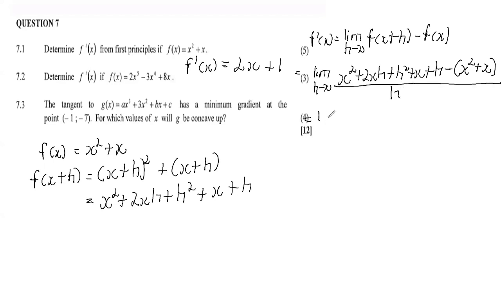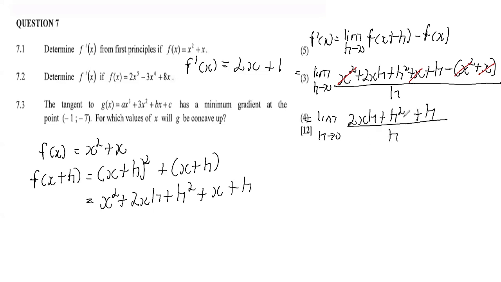Now at this point, we have the limit as h approaches 0. So let's go on and cancel those that cancel out. The x squared and the x squared, then the x here and that x will eventually cancel out. Then we are only left with 2xh plus h squared plus h, over h.